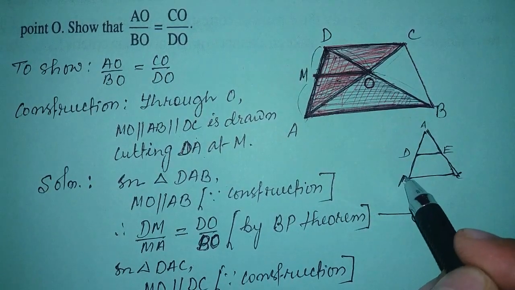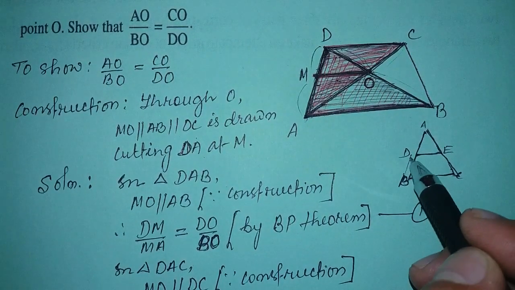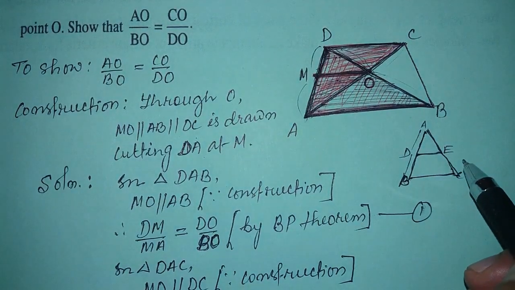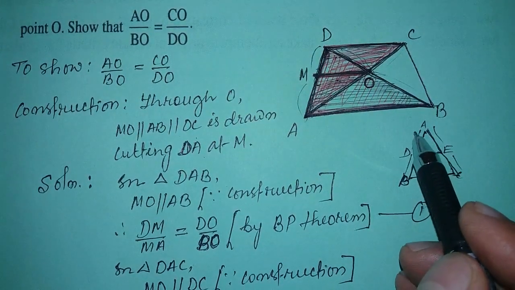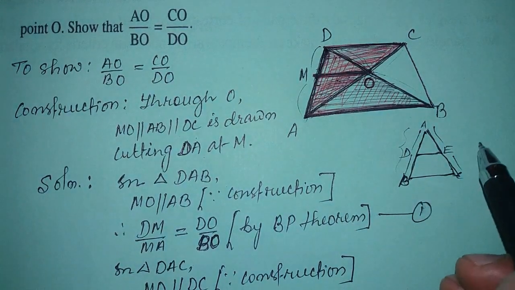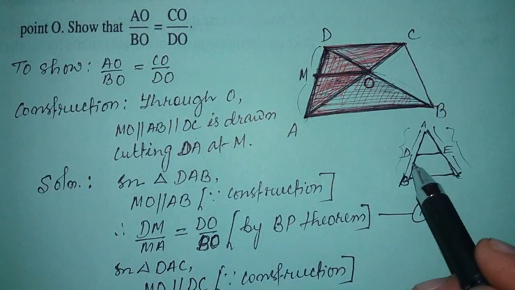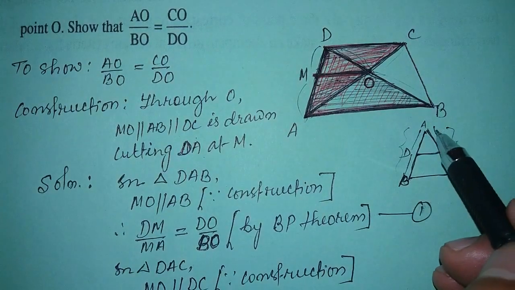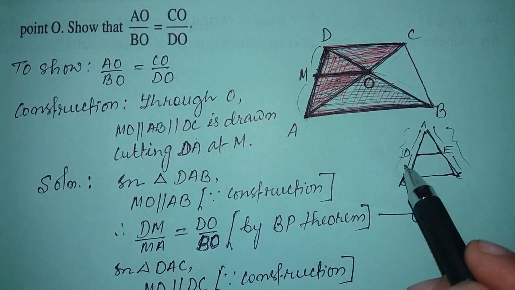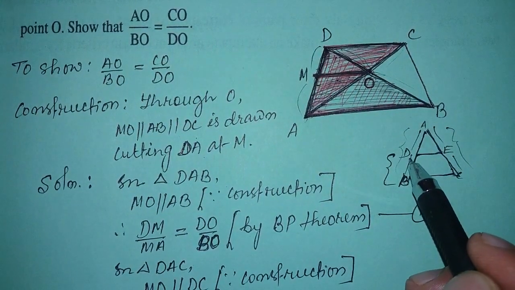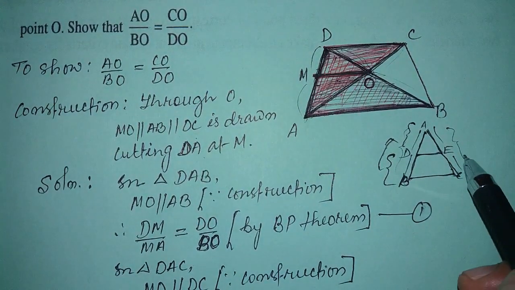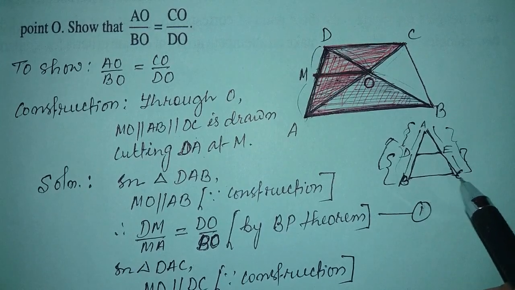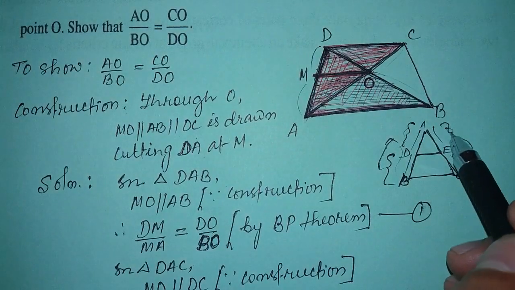Also we can say DB by AD is equal to EC by AE. In whatever manner you take it here, you have to take it on the other side also. If you take AD by DB, then you have to take AE by EC. And if you take DB by AD, then here also you have to say EC by AE.